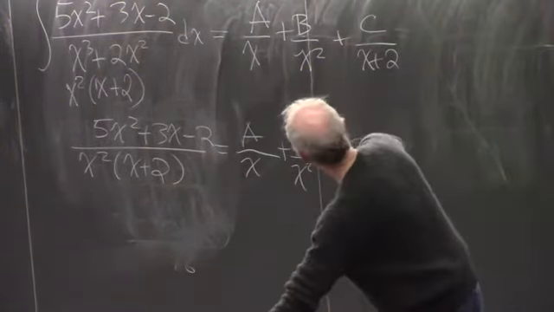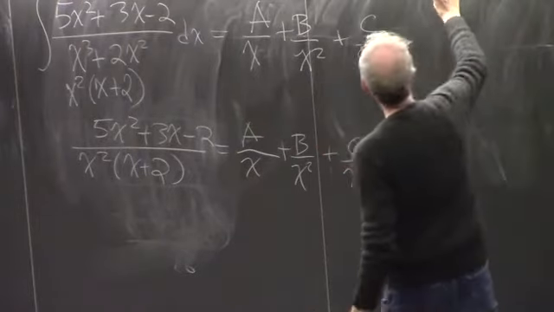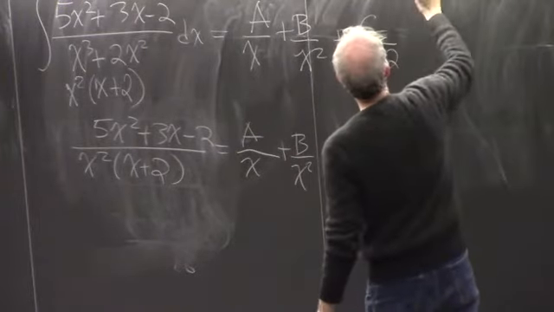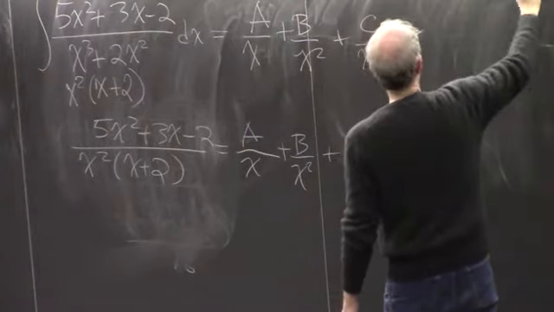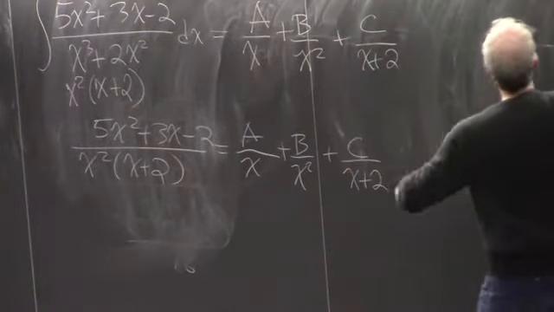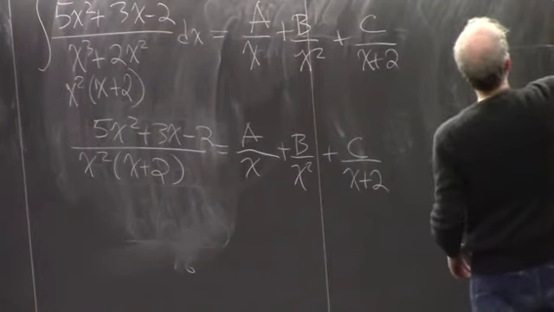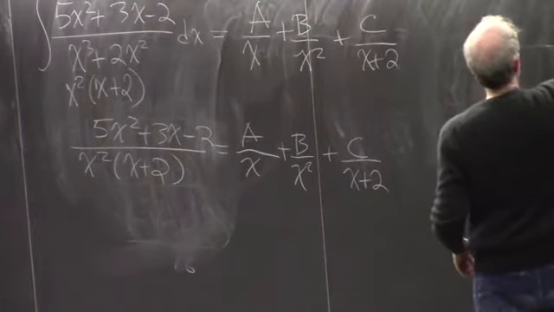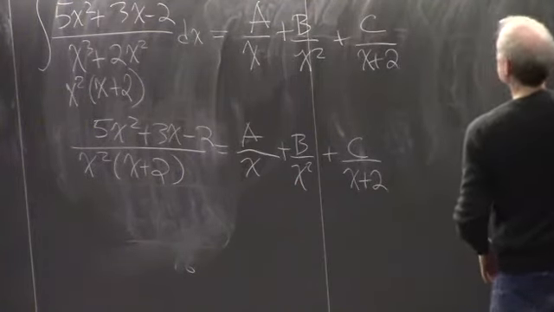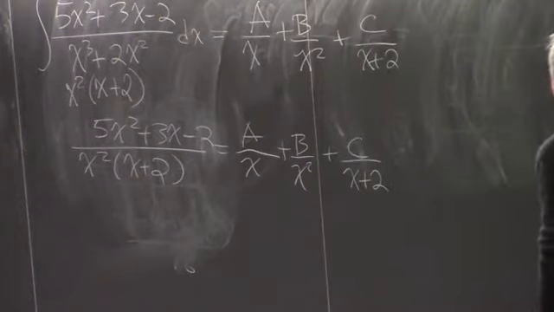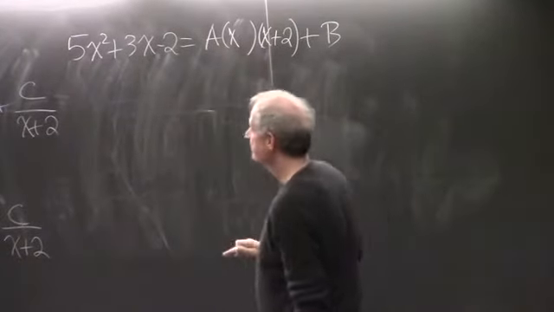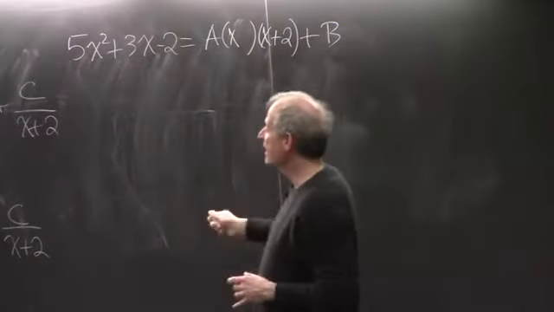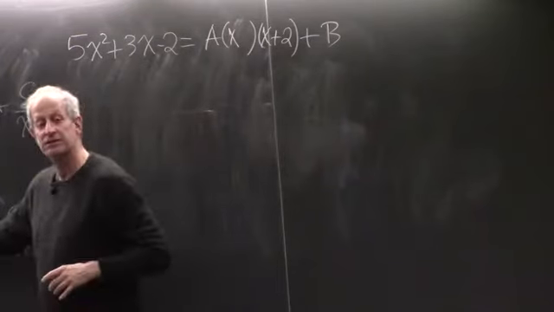The a gets multiplied by x squared and x plus 2. So let's see, you have 5x squared plus 3x minus 2, and then you get b. I'm sorry, a only needs to get multiplied by x, because when you multiply through by x squared, the x squared cancels with the x.